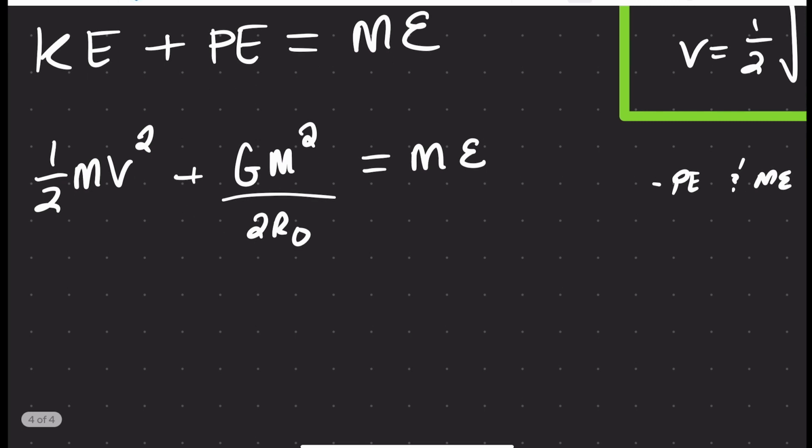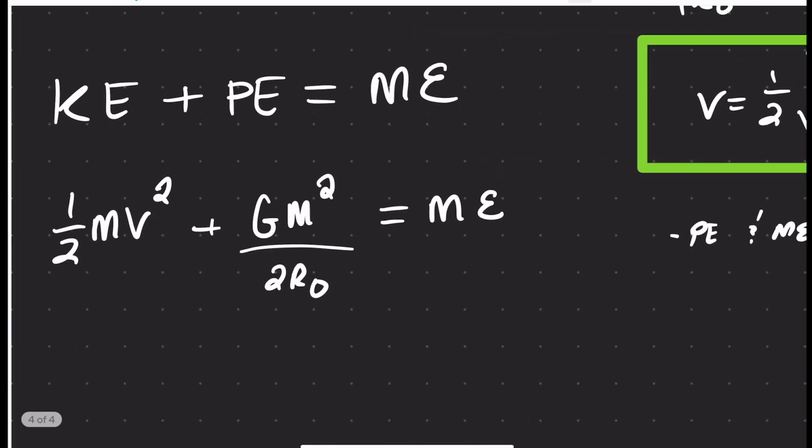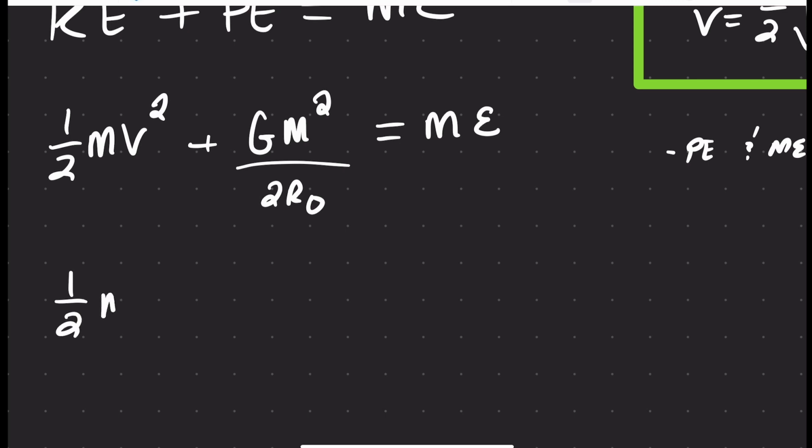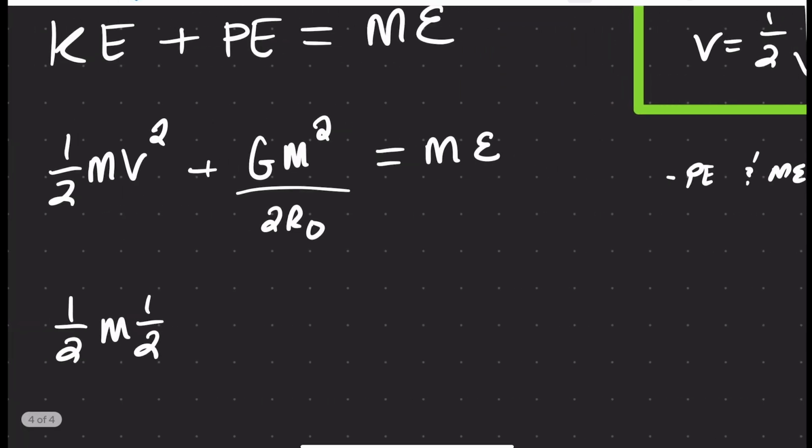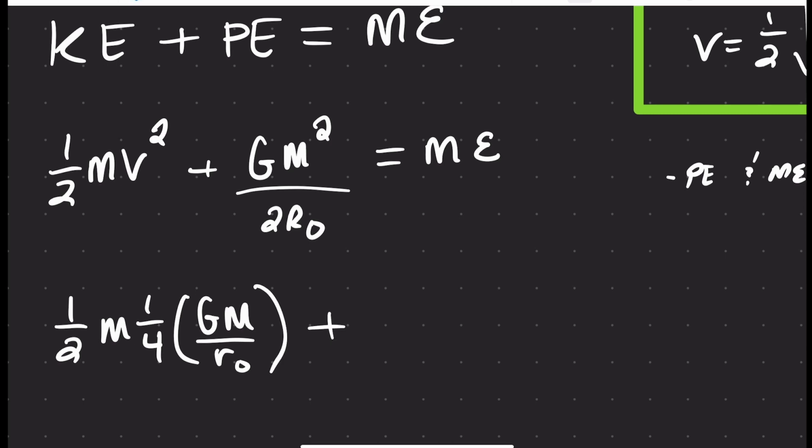Now, if we use some algebra and plug this in, we get 1/2 times the mass times 1/4, because we're squaring the entire term, so we remove the square root, times GM over R naught, plus, and in fact this should actually be minus, because the potential energy of gravitation decreases as this term gets smaller.